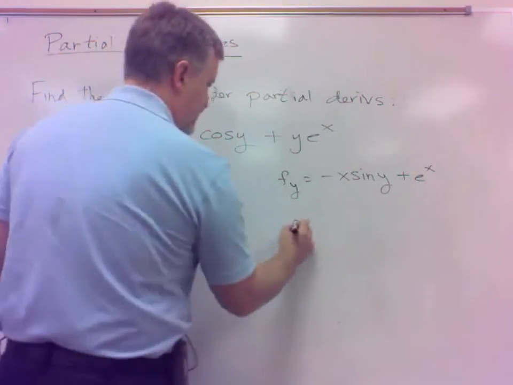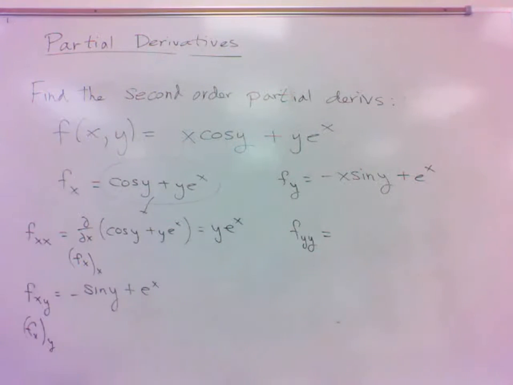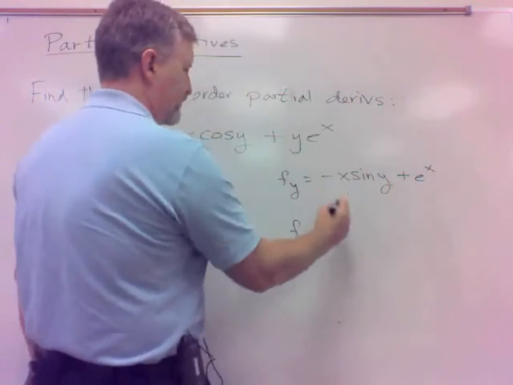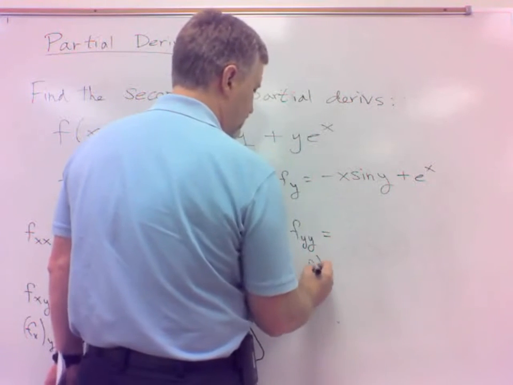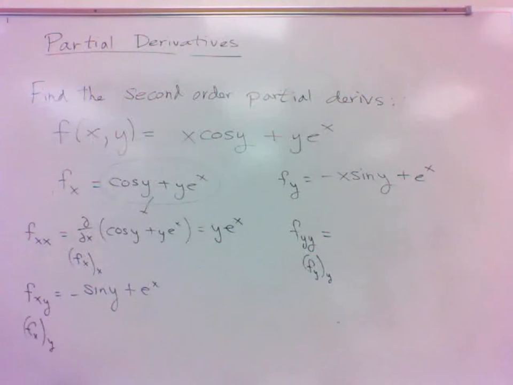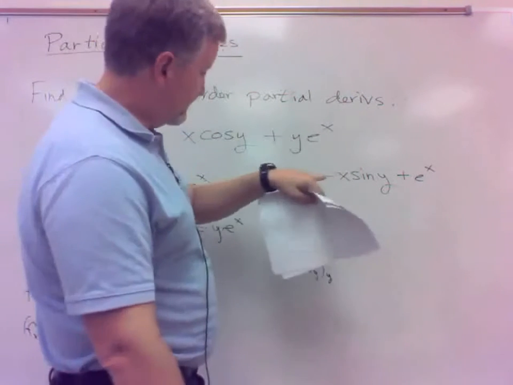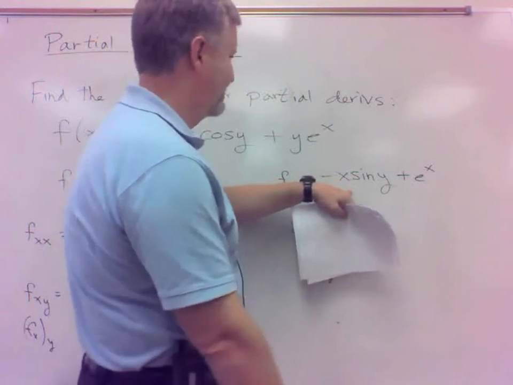All right. Now let's go to f y y. Partial with respect to y twice, I guess. All right. And so that's the partial with respect to y, then do the partial with respect to y again. So now I need to do the partial with respect to y again.